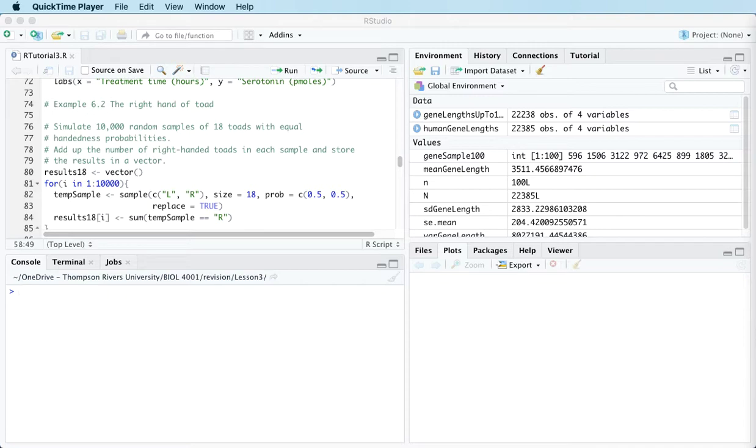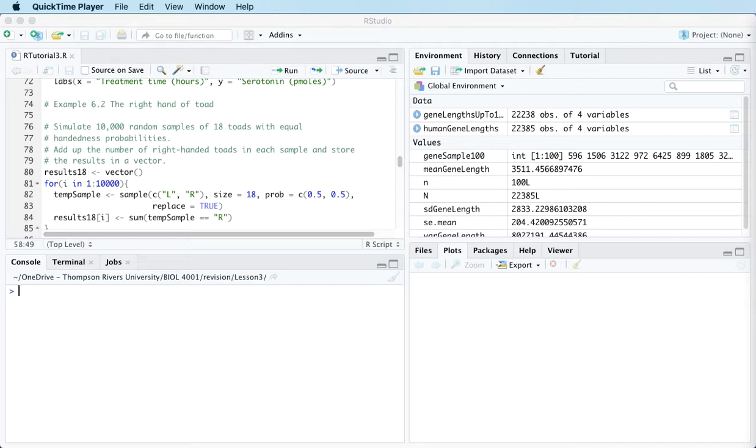Or if we frame this in terms of the number of right-handed toads, it would be either 4, or 3, or 2, or 1, or 0 right-handed toads. Okay, so those are outcomes that would show as great or greater difference from the null hypothesis.